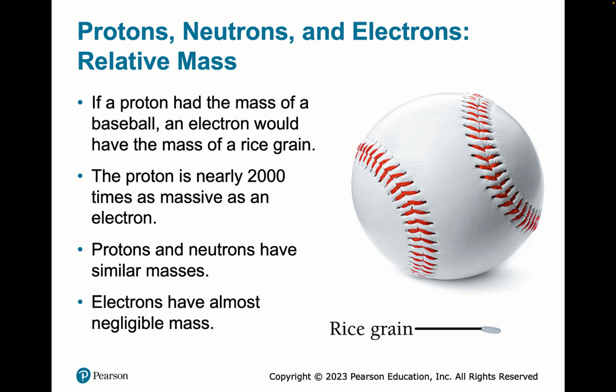But the net charge of a neutron is 0. The net charge of a proton is 1.6 times 10 to the minus 19 coulombs, a unit of charge. And the electron is the opposite of that, negative 1.6 times 10 to the minus 19 coulombs.